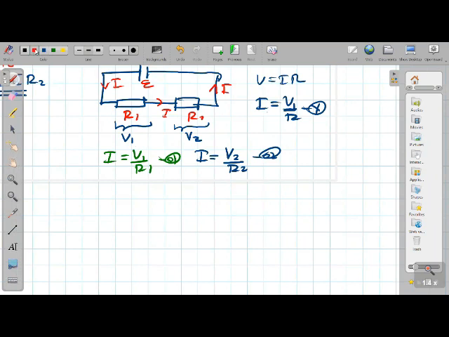And equation number 1 equals equation number 2 because it shares the same current. So V1 over R1 equals V2 over R2, or we can rearrange the equation in this manner. How?